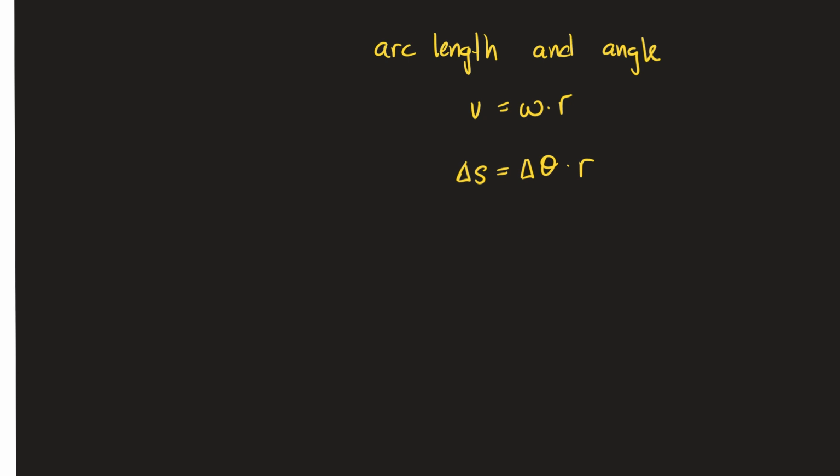That suggests that we could write this as ds equals d theta times r, where ds is a small change in position. Now, it's not delta x, because x is linear, and ds is an arc length. But if dx is really, really small, then dx and ds would be the same. Does everybody understand? Or at least accept? You don't have to understand, but can you at least accept that?